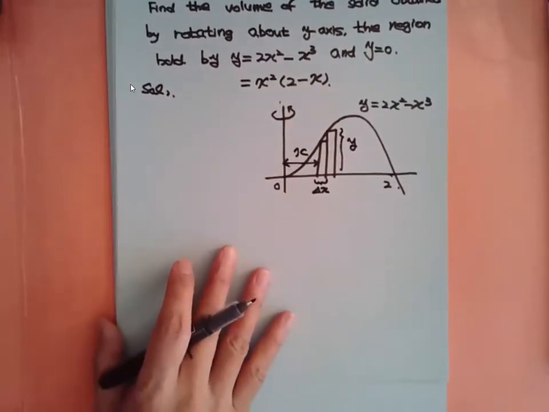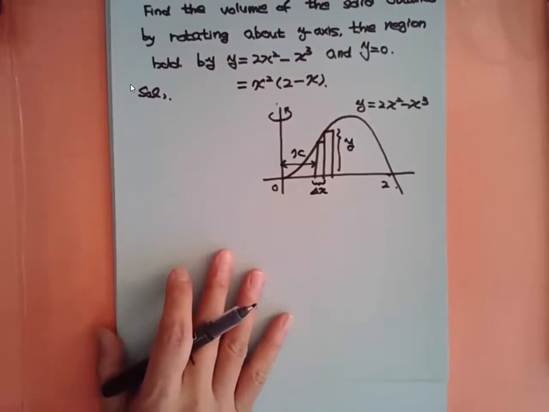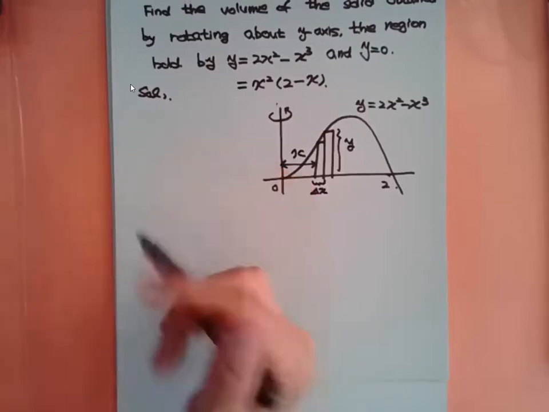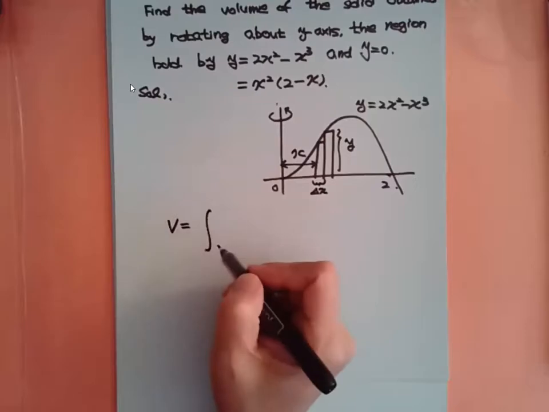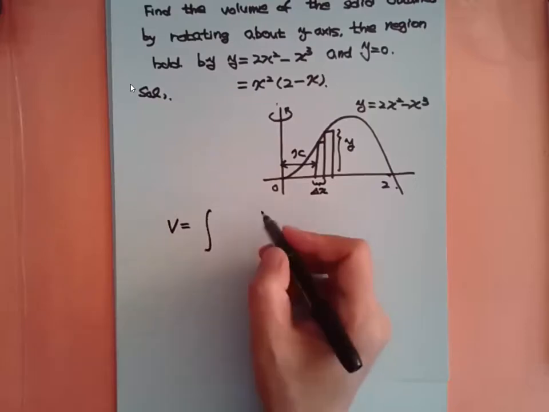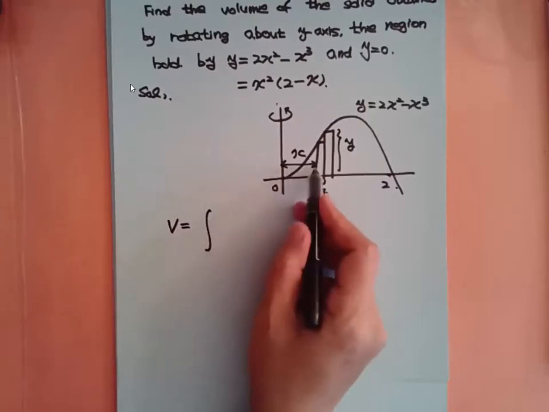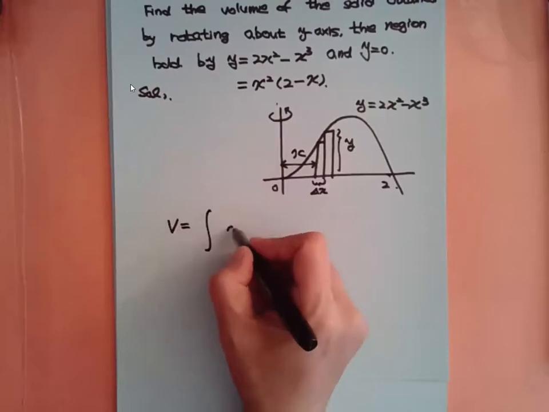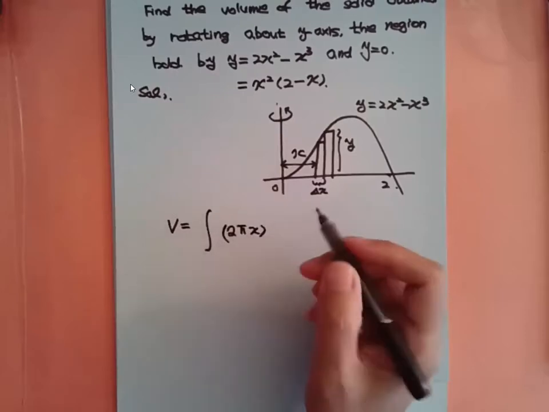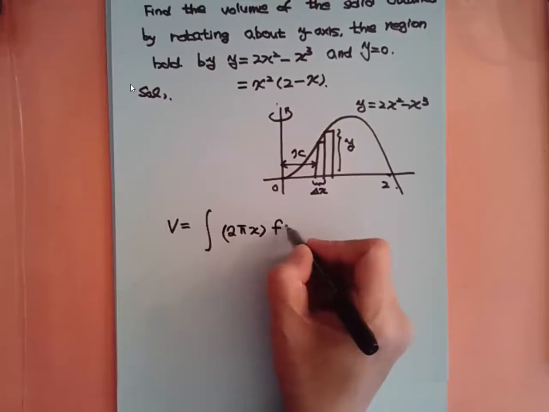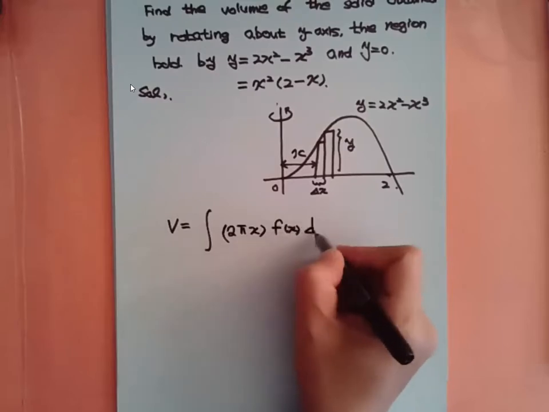So we're thinking about the cylindrical shell. So we have to think about circumference. Circumference is 2 pi x, the radius, and height is f of x dx.